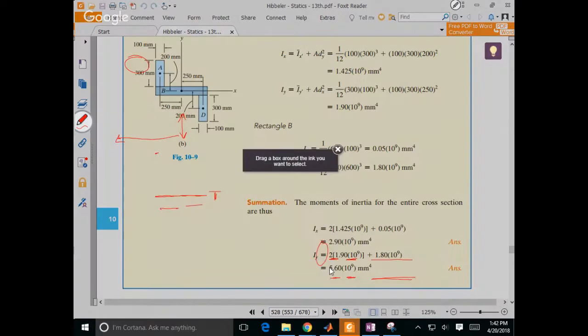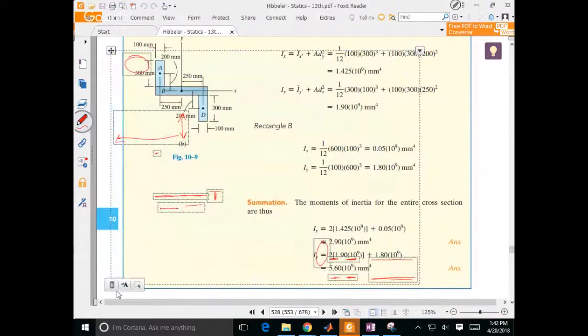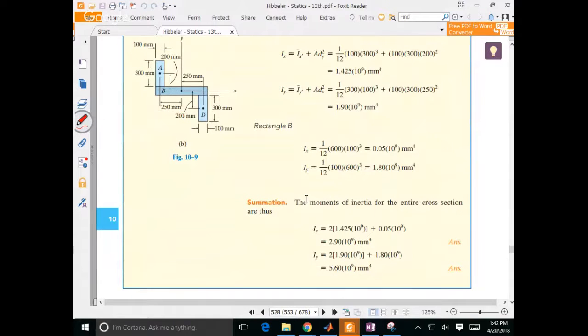Let's see if I can get rid of all this other stuff. So first of all, let's start with X. You have two of these, one here and one there, two of those, and then you have just one of these. You add them together, and that's your I about that axis.